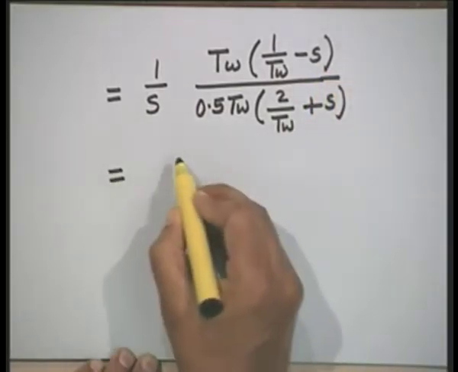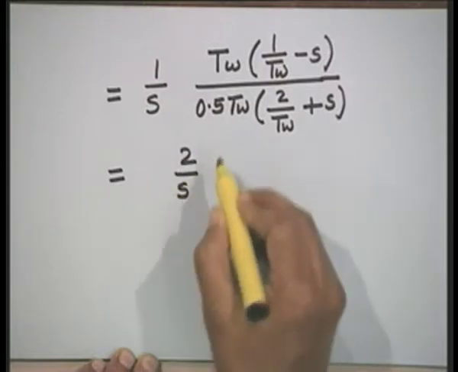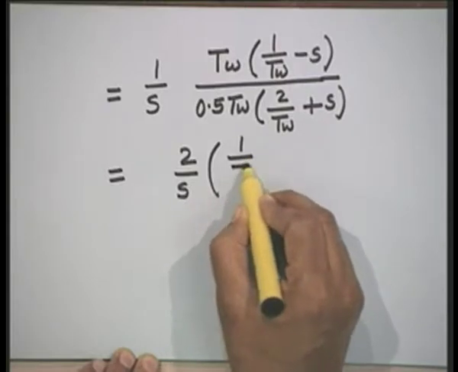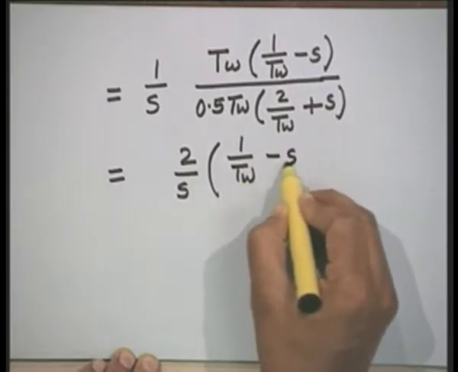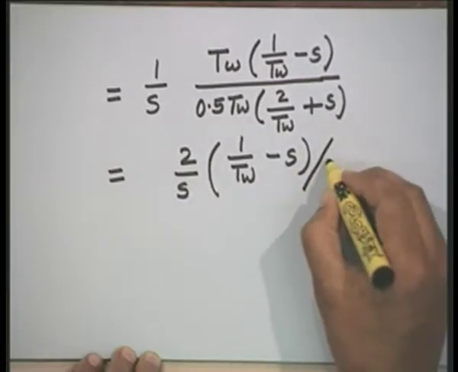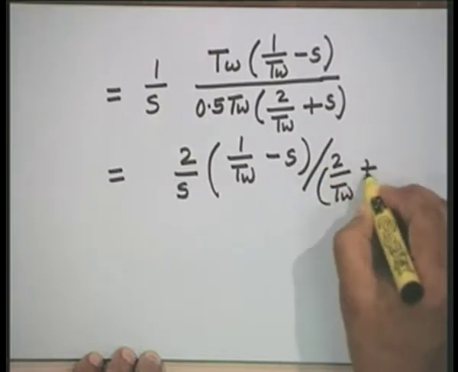This can be written as 2 by S times (1 upon TW minus S) divided by (2 by TW plus S).